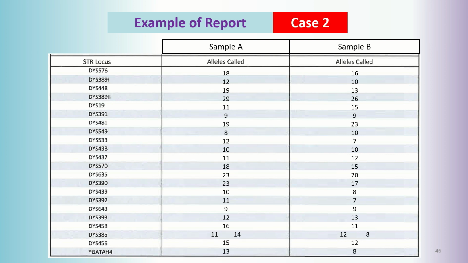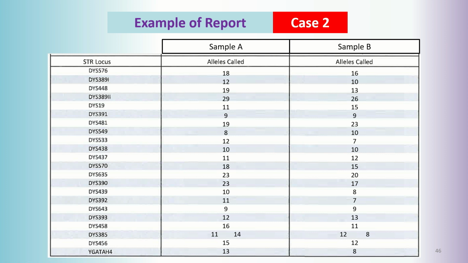The second case here is another crime scene. Sample A is from the crime scene, and sample B is from the suspect. Here are the loci, or STR sites, investigated in the DNA fingerprinting test: 23 loci or 23 STR sites.